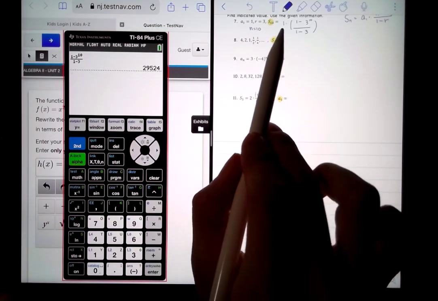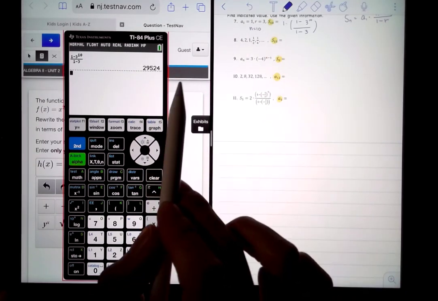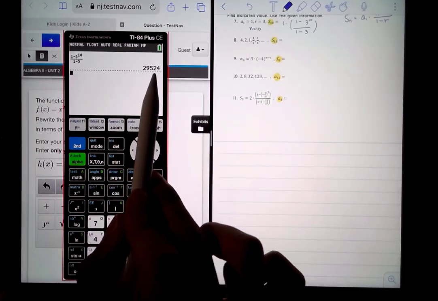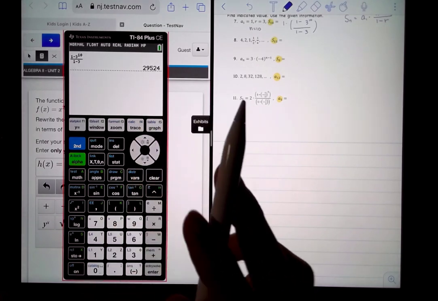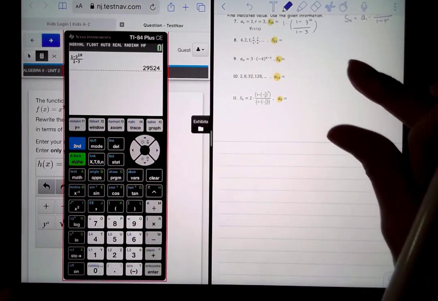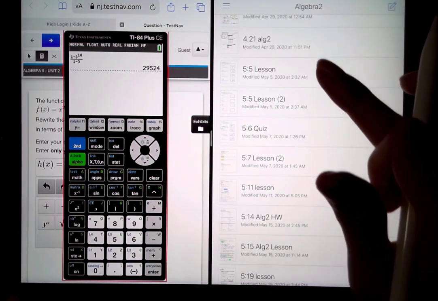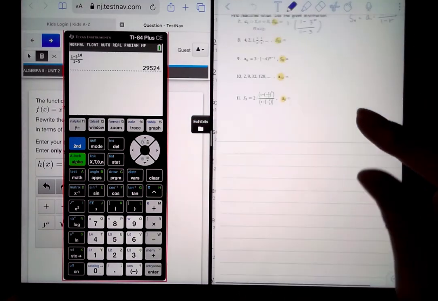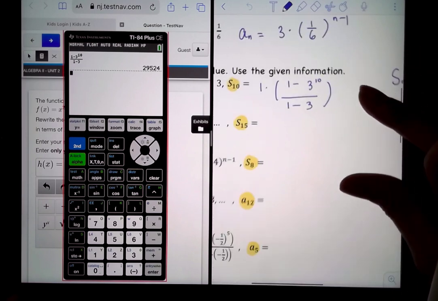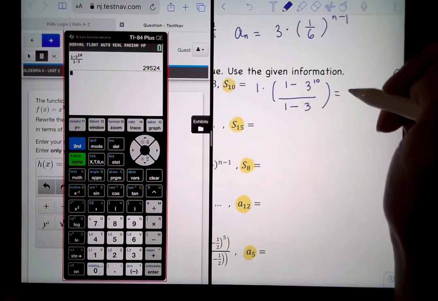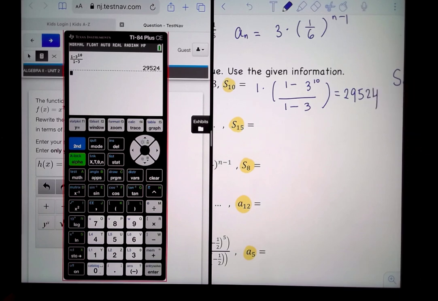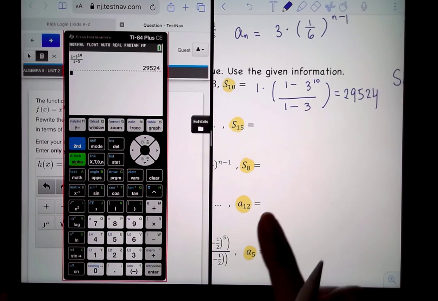My A1 was 1, right? So you just multiply by 1, so it will be the same number. So 29524. That's my answer. Okay.